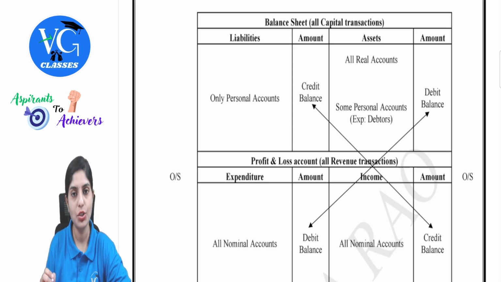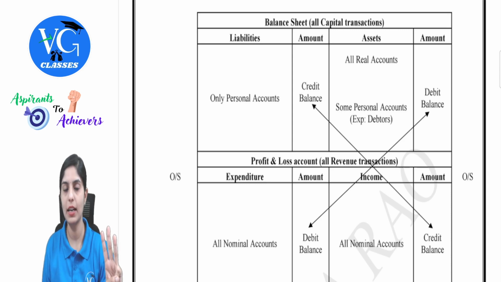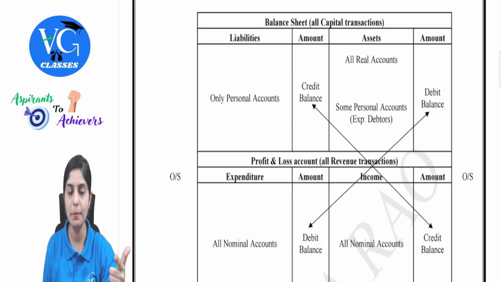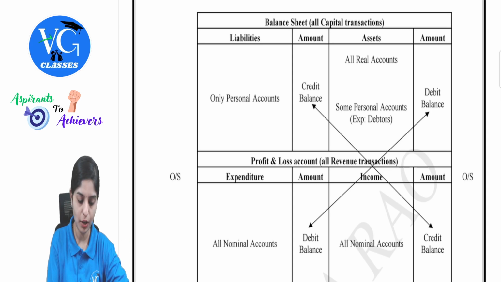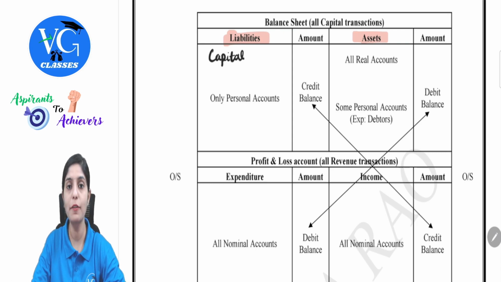So in the balance sheet, we can find three things: capital, liabilities and assets. If you observe, the same things are mentioned here: liabilities, assets, and there will also be capital coming under your liabilities side. Do not focus on whatever other things are mentioned. First, just observe what is present here.